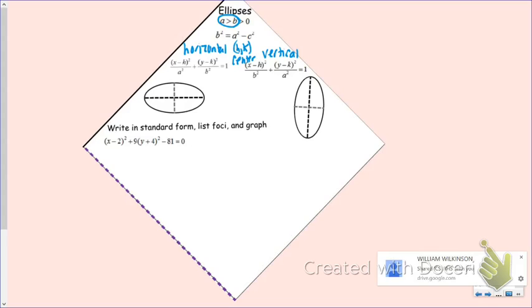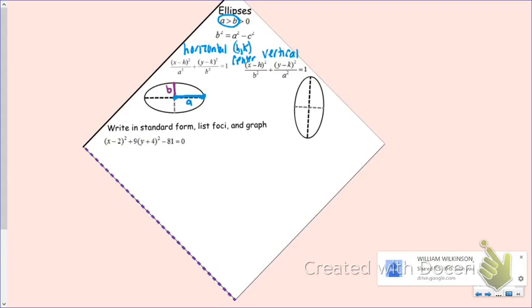Now, what these other values, A and B, mean. Let's look at this first one. When A is under the X, it's the distance I move from the center out to the side. So that distance is A. B, since it's under the Y, is the distance I move from the center up to the top.